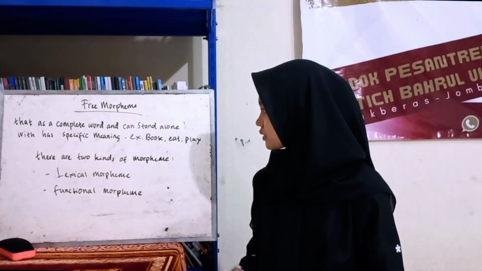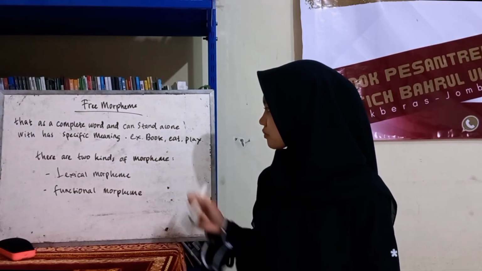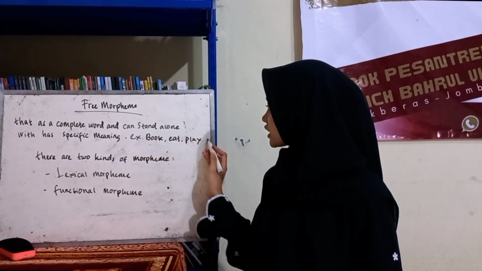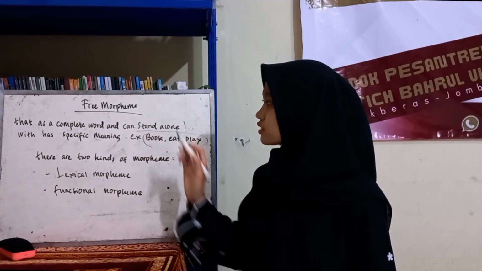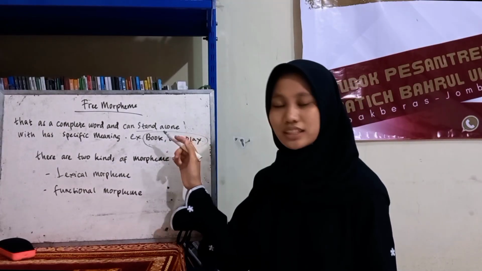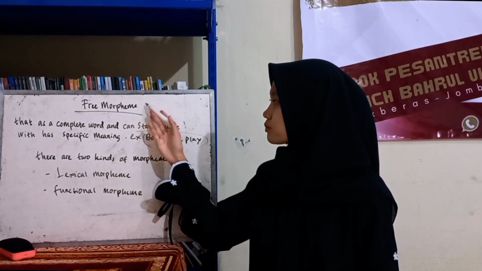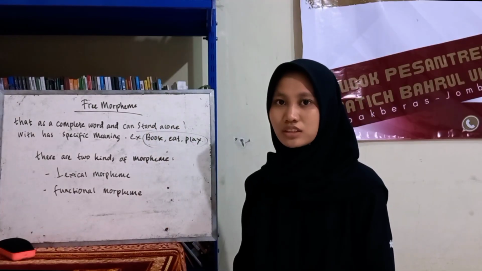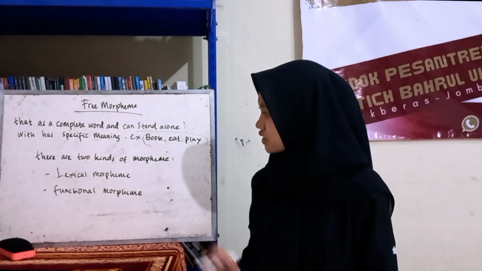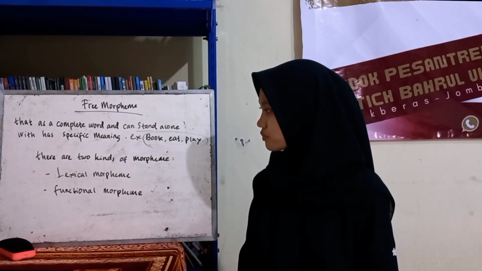For example, book, eat, play. These words can stand alone without needing another morpheme. And a free morpheme is divided into two kinds.